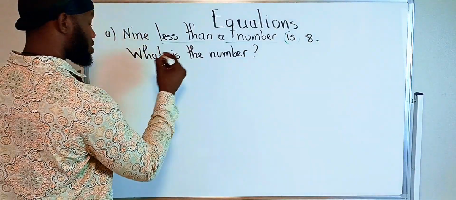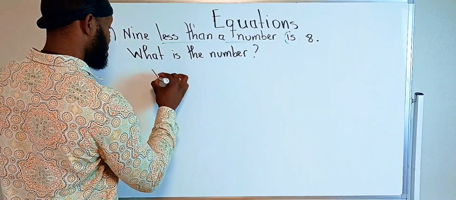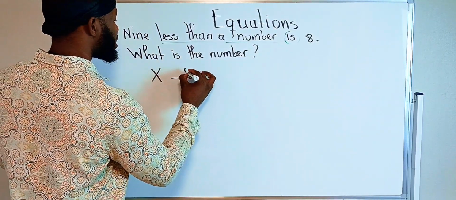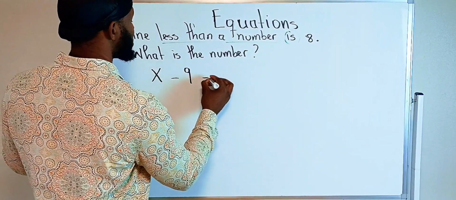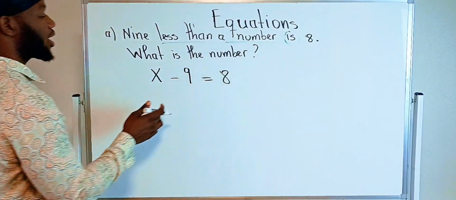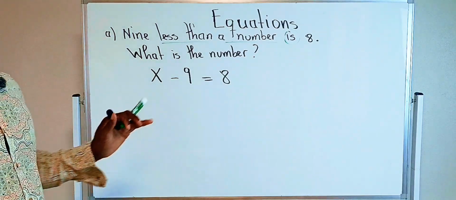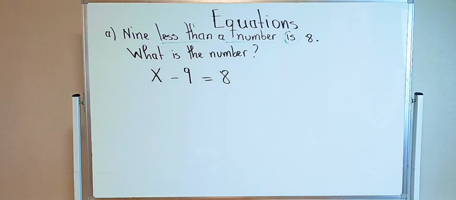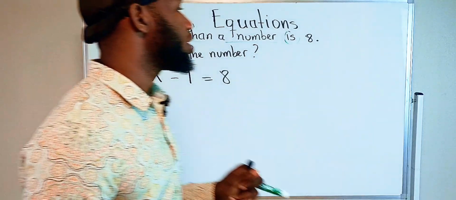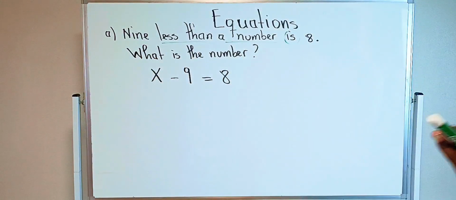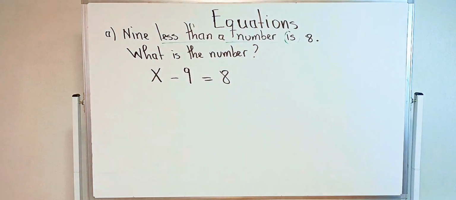When they say 9 less than a number, it's like the variable, let's say x, minus 9 equal 8. They're saying that x minus 9 equal 8. This is exactly what it means. So right now we're trying to find this number. Be careful with that.